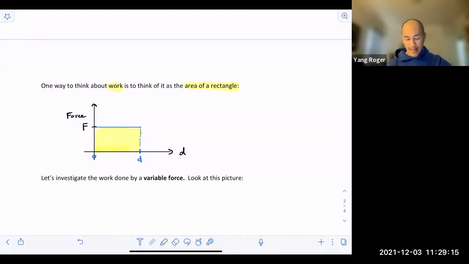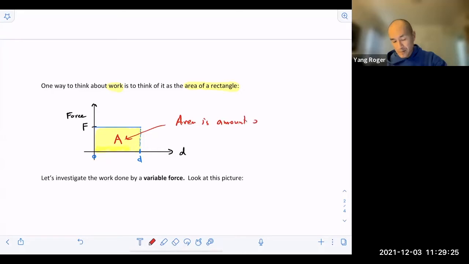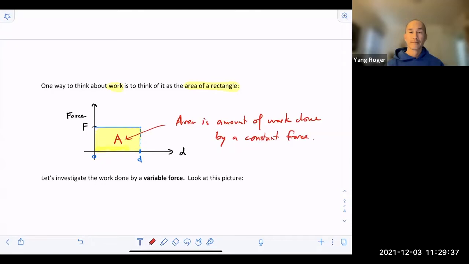So what I'm trying to say is that this area is the amount of work done by a constant force. Does that make sense?